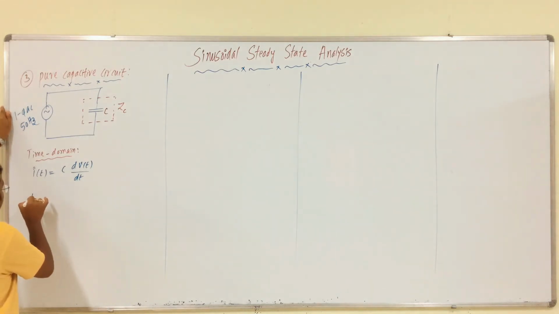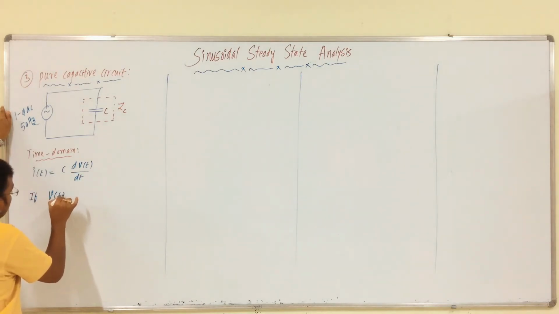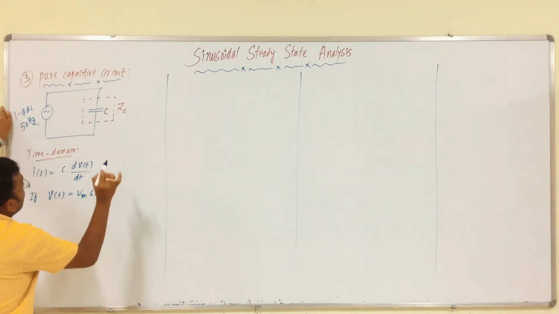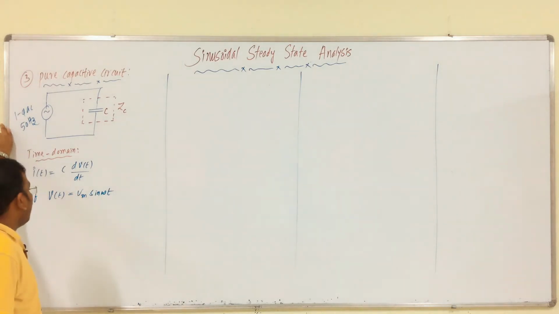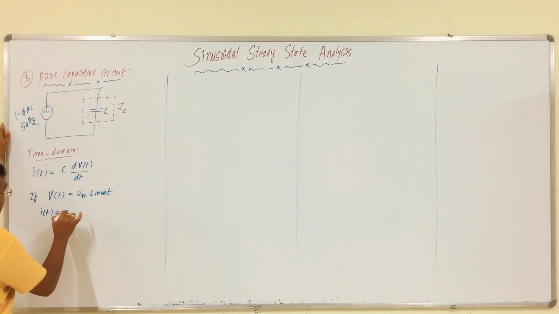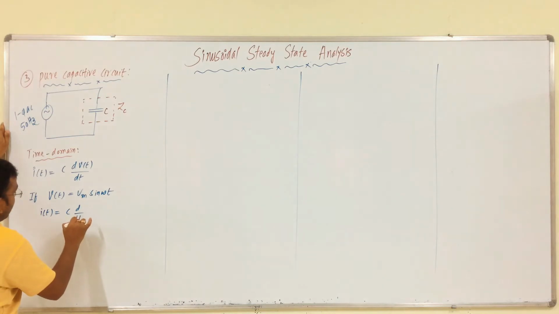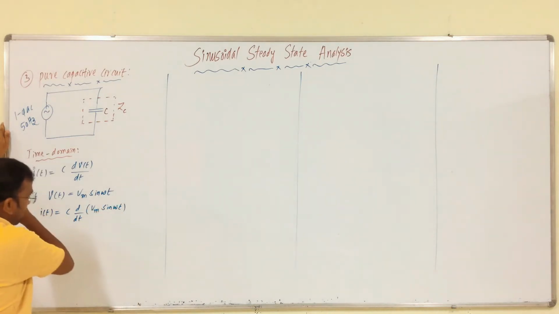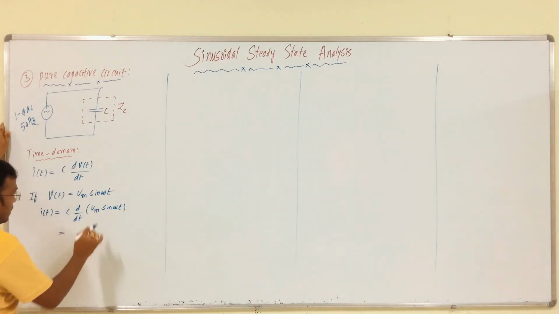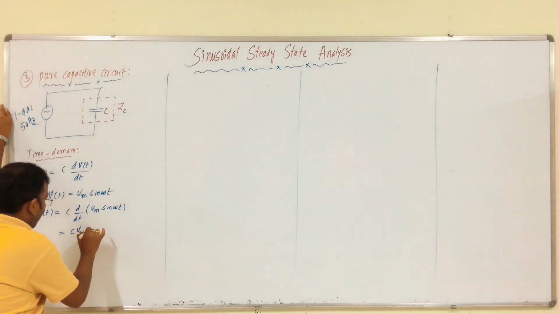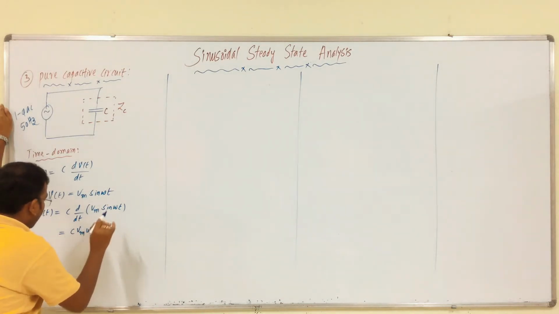Here I am considering voltage as Vm sin omega t. Then what is the current? C d by dt of Vm sin omega t. From this we get cos omega t, omega C Vm cos omega t, that's it.